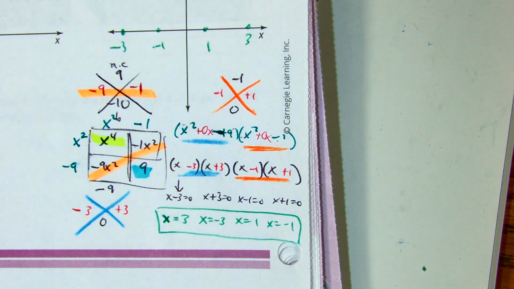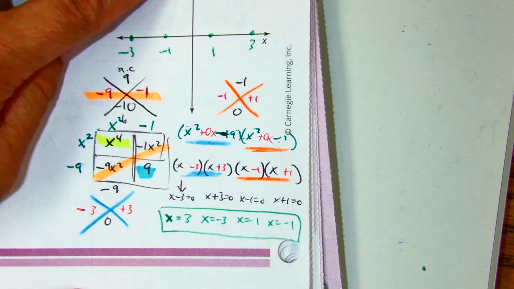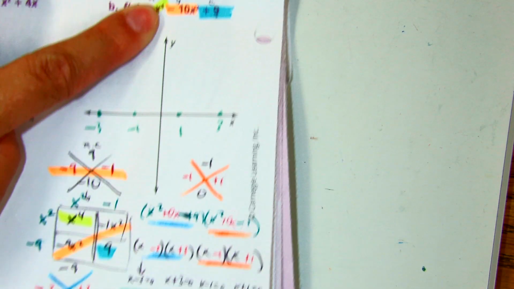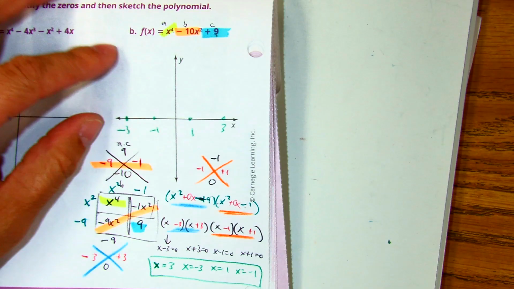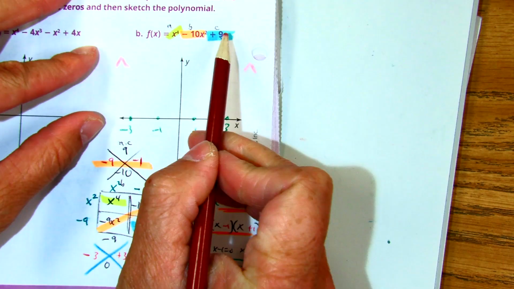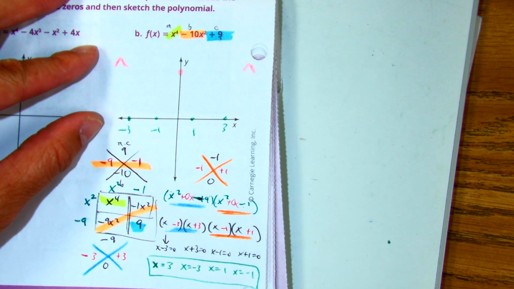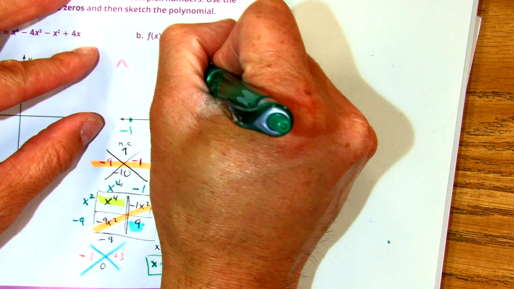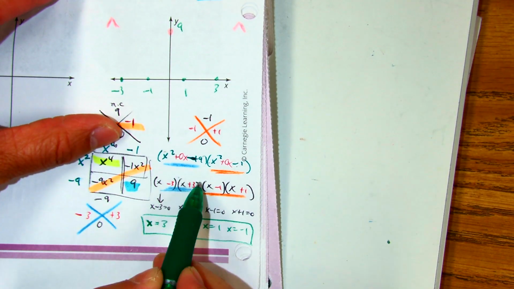Class, do you have an even or odd degree polynomial? It is an even degree polynomial because of this 4 right here. So the arrows start where? Up. And end where? Up. Don't forget you have a positive 9 as your y-intercept. And if you remember from last semester, these are all to the power of 1, so your multiplicity is 1. Those are odds.